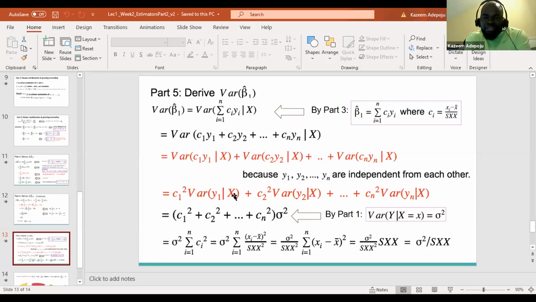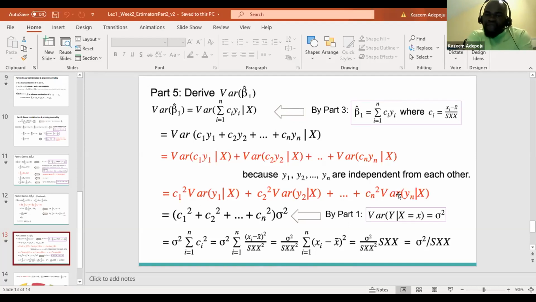When we get this one now, what are we talking about? Do you remember what I told you before? The variance of Y1 must be equal to the variance of Y2 must be equal to the variance of Yn. Do you remember the constant variance? It means I'm going to have C1 squared sigma squared, C2 squared sigma squared, up to Cn squared sigma squared.